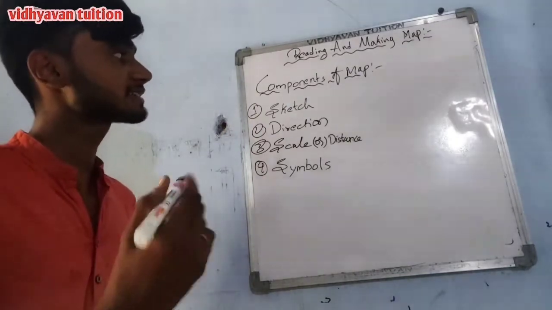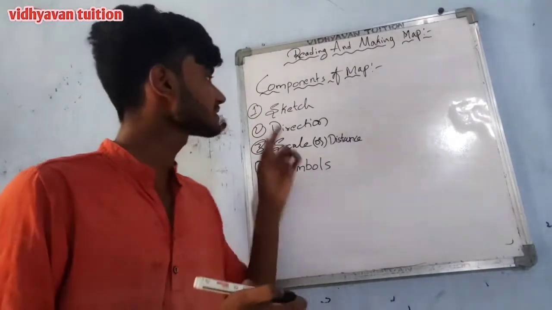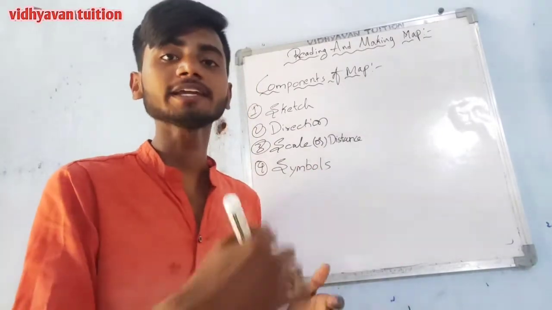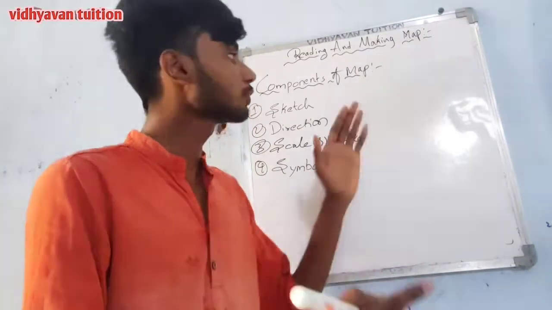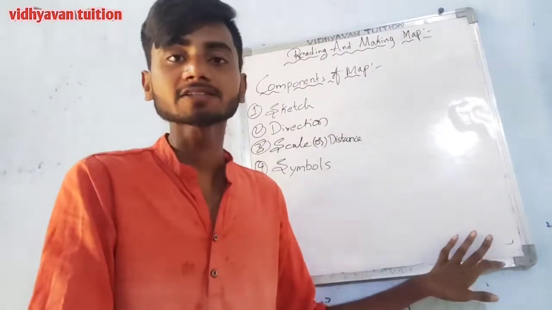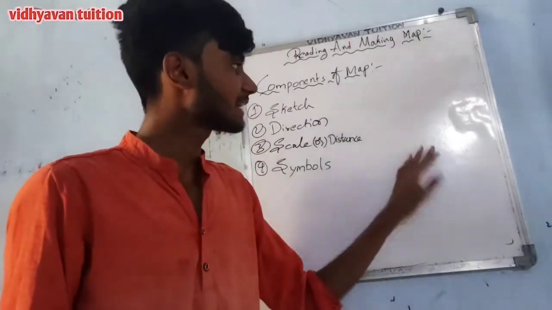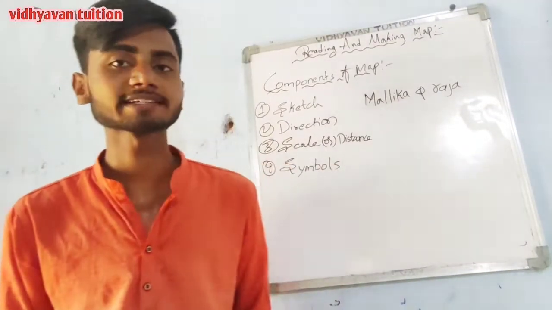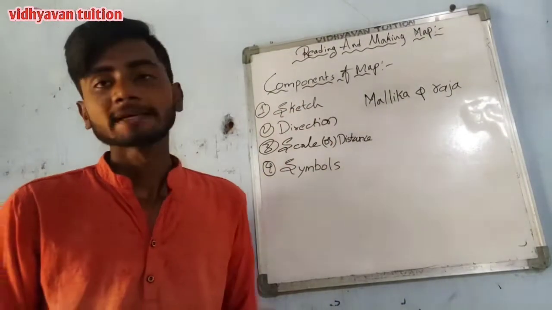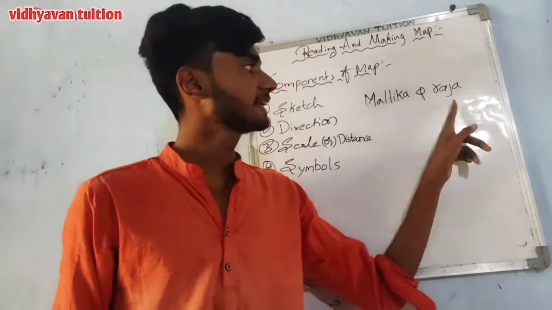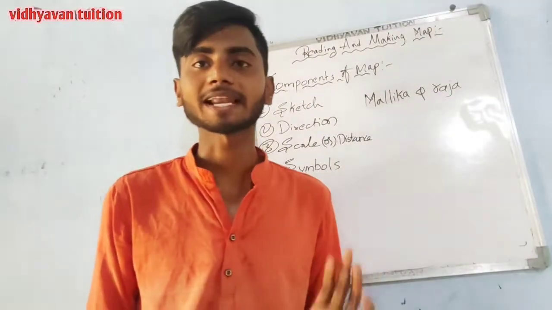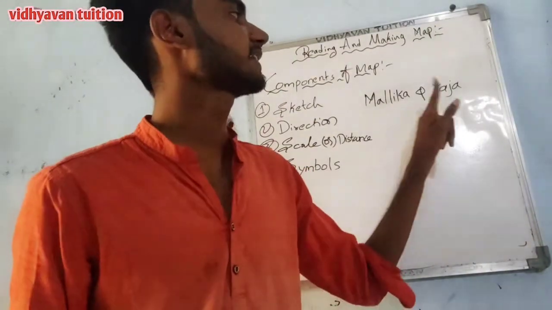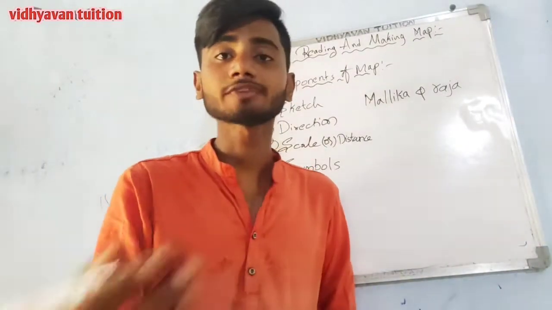Suppose let us take one example. A sketch is a diagram drawn roughly to identify another place or route. That's why we are using this sketch. Now let us take one example. Suppose Mallika and Raja are friends. Mallika invited Raja to come to her home for her birthday party.